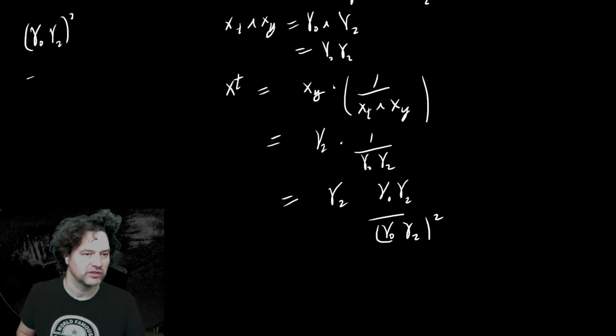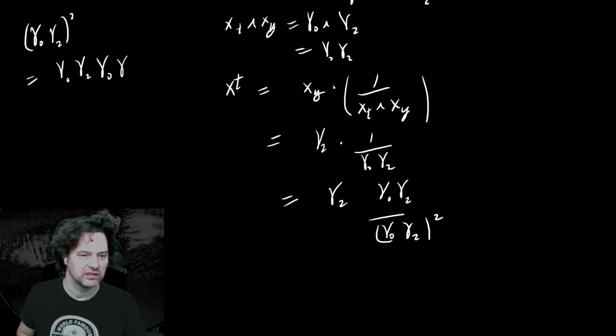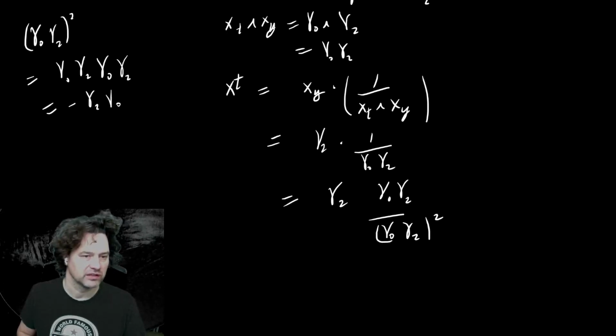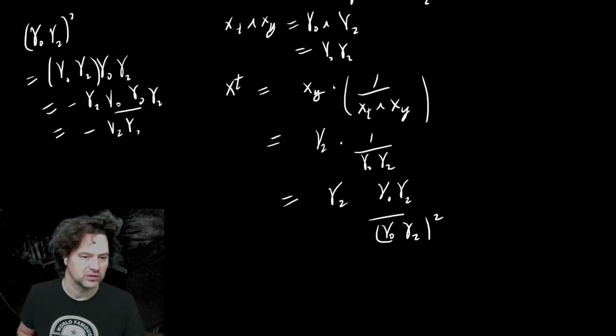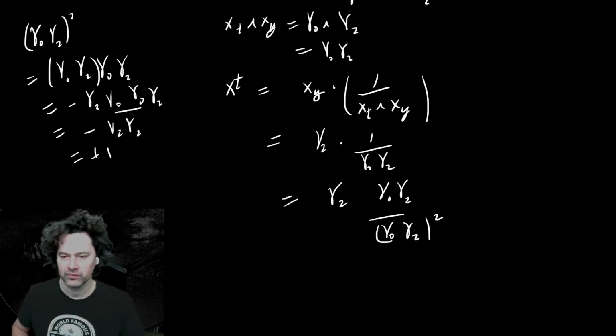So we can see that if we multiply this out, gamma naught, gamma 2, gamma naught, gamma 2, which is minus gamma 2, gamma naught, I'm flipping the order of this first pair and changing the sign, times gamma naught, gamma 2, and gamma naught times gamma naught is 1. So we have minus gamma 2 times gamma 2, and gamma 2 times gamma 2 is minus 1, so we end up with plus 1.